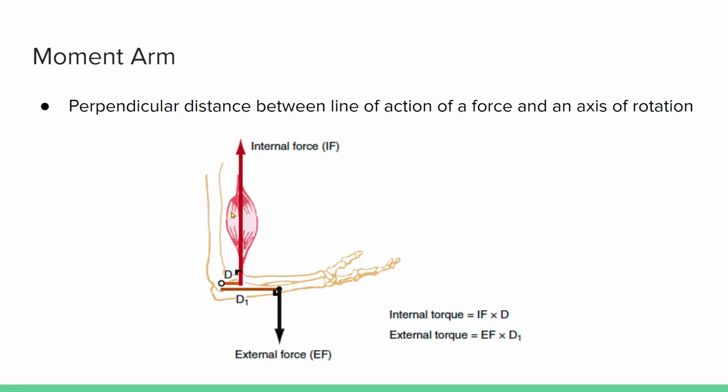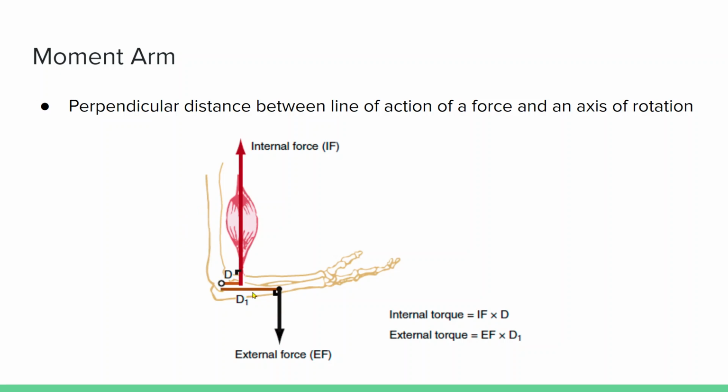And then we have our internal force, and the perpendicular distance is this d_r, and that creates our internal torque. So the internal force times d_r creates our internal torque, or muscle torque. And then we're trying to look at the line of action of our external force.